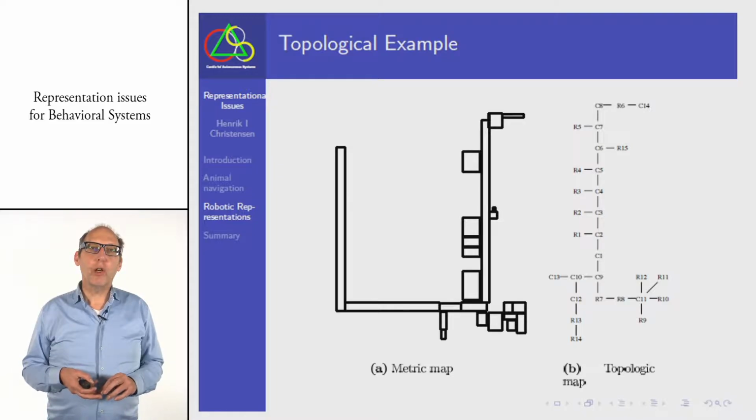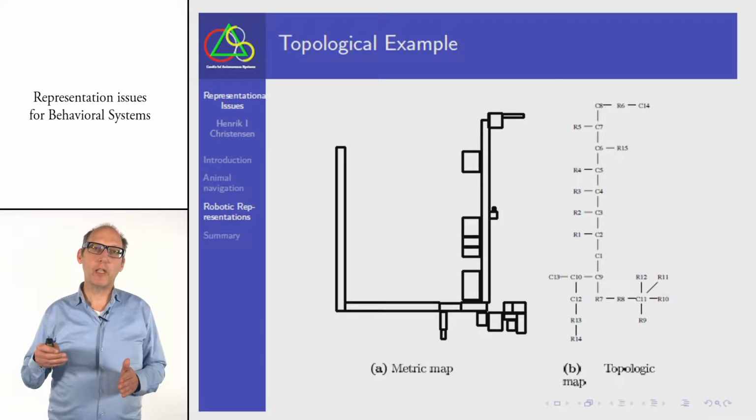So an example of this: on the left side you have a metric map of an office environment, and you can make a topological map for that. And the nice thing is that each of those nodes in the topological map, you can combine with certain percepts, if you can recognize that you're on a T crossing or in a corridor.